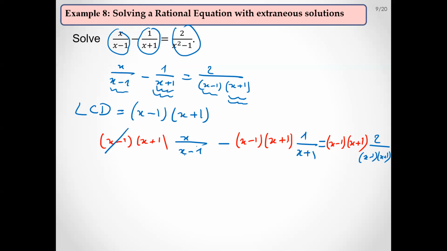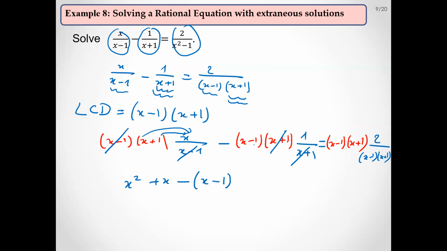We simplify, we expand x times x, x squared, plus 1 times x plus x, minus here. We simplify by x plus 1. Don't forget the minus here. So minus 1, or do it in 2 times.